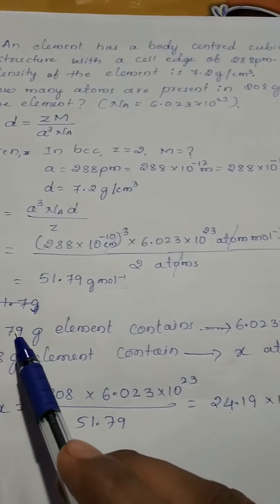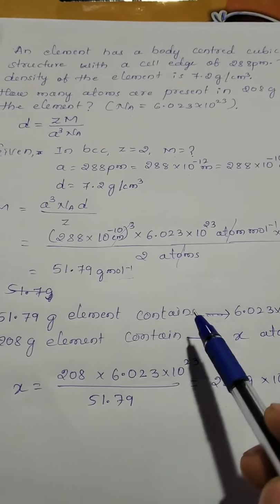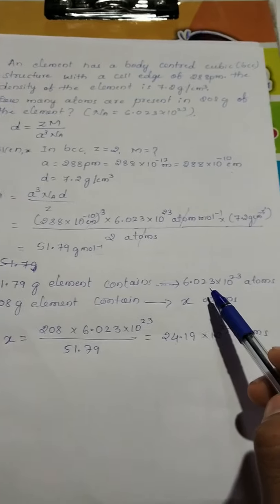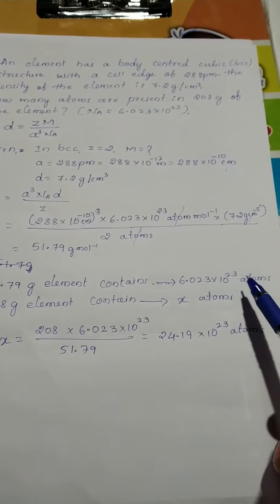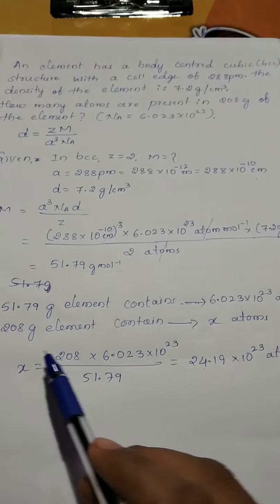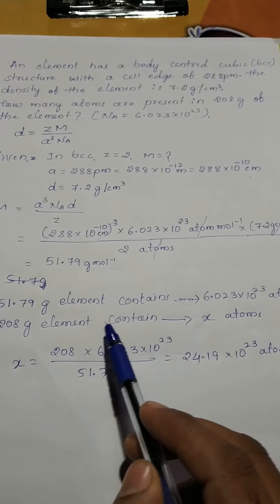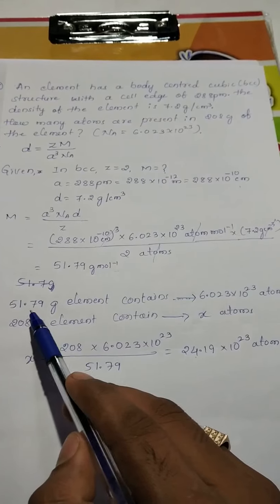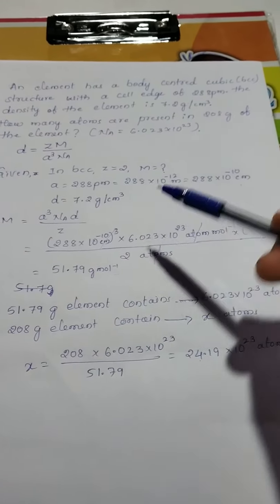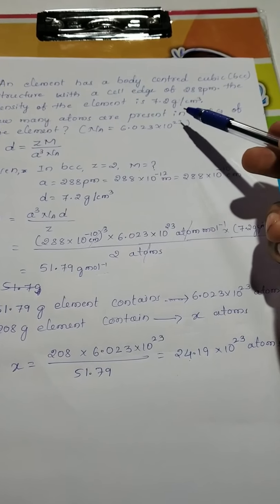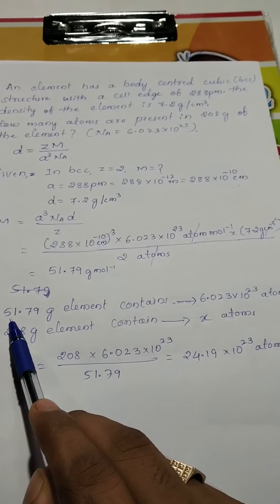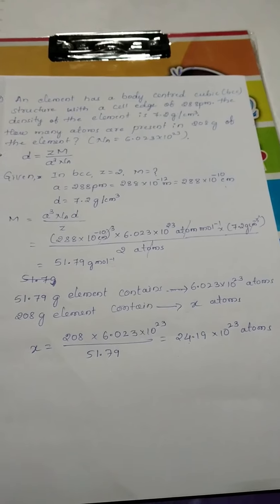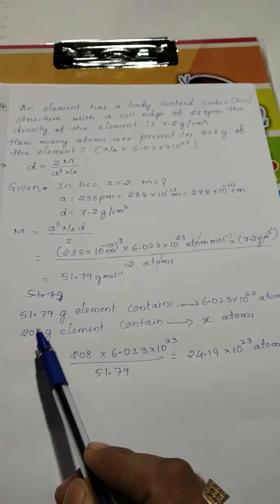If 51.79 gram of element contains 6.023 × 10^23 atoms, then 208 gram of element contains how many atoms? So we have calculated 51.79 gram, which contains 6.023 × 10^23 atoms.